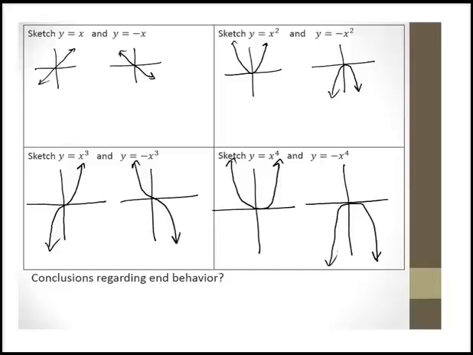So, end behavior. Notice the degree: on the left examples, the degree was odd. On the right examples, the degree was even. So for odd degree, let's look at the lead coefficient. The lead coefficient was positive, positive, negative, negative.